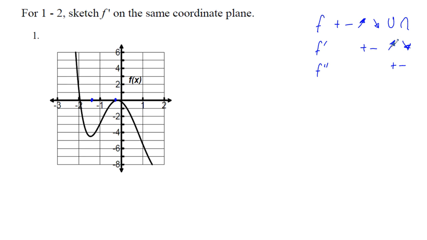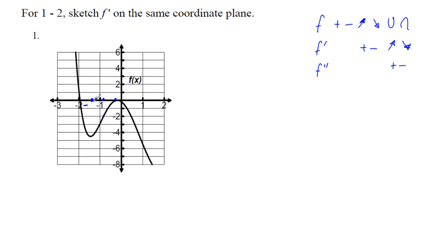Now, one other thing I'm going to bring into play here is that in the graph of f we are also changing from concave up to concave down. Somewhere about where I've drawn this, I'm going to draw it up here. So that's going to be our point of inflection. To the left of this dot, our function is decreasing, so I'm going to draw a negative sign below the x-axis.